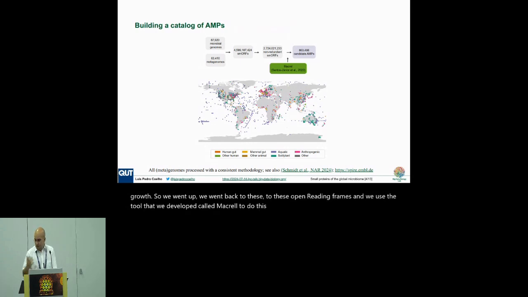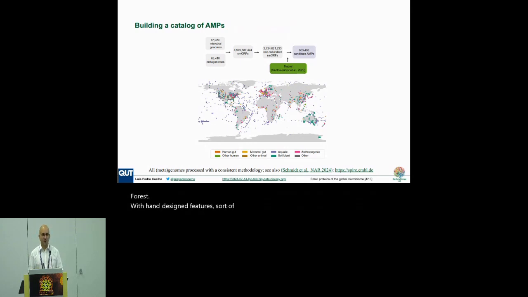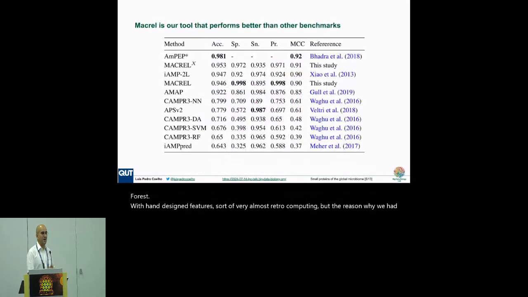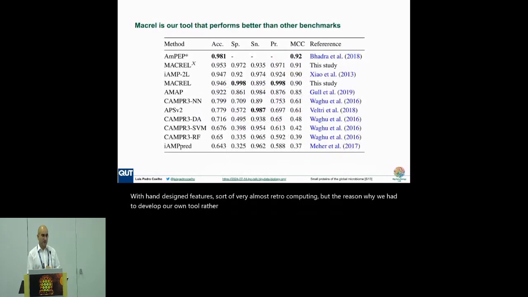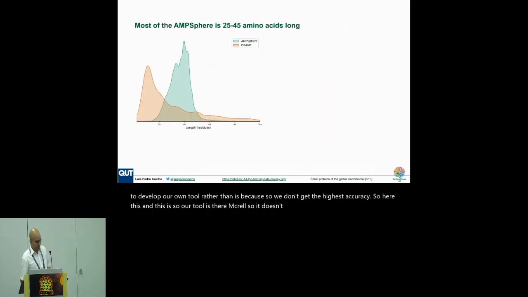And it's actually kind of funny because it's really very standard 1990s machine learning. It's a random forest with hand-designed features, almost retro computing. But the reason why we had to develop our own tool is because we don't get the highest accuracy. So here our tool is Macrel.